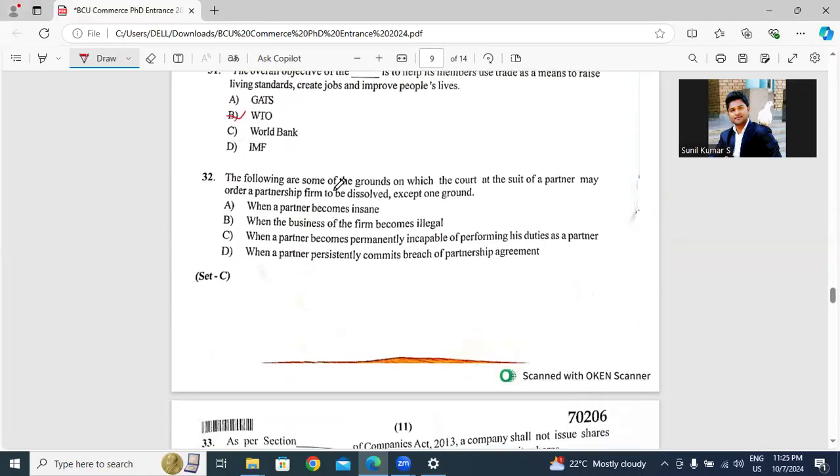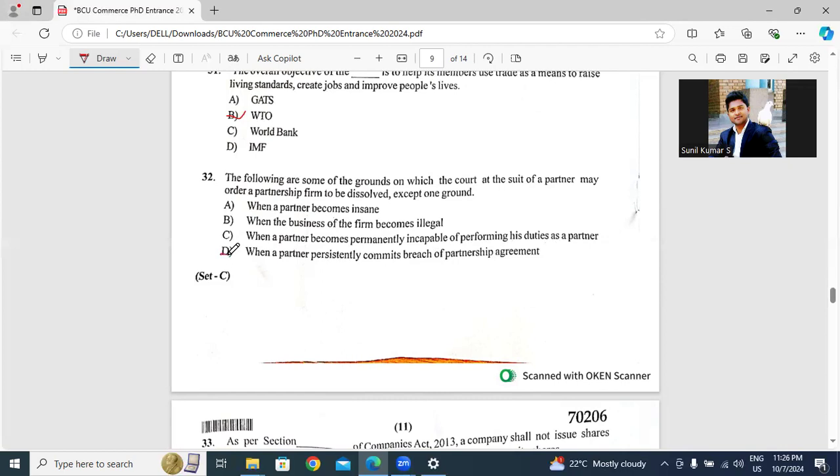The following are some of the grounds on which the court at the suit of a partner may order a partnership firm to be dissolved except one ground. When a partner becomes insane, when the business of the firm becomes illegal, when a partner becomes permanently incapable of performing his duties as partner, and when a partner persistently commits breach of the partnership agreement.